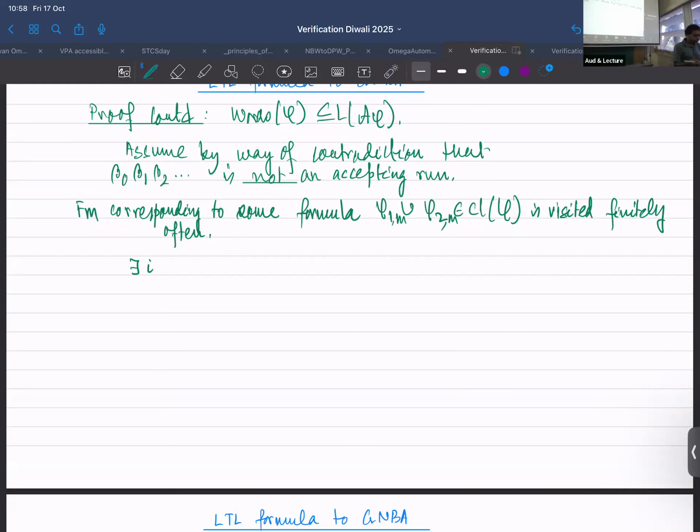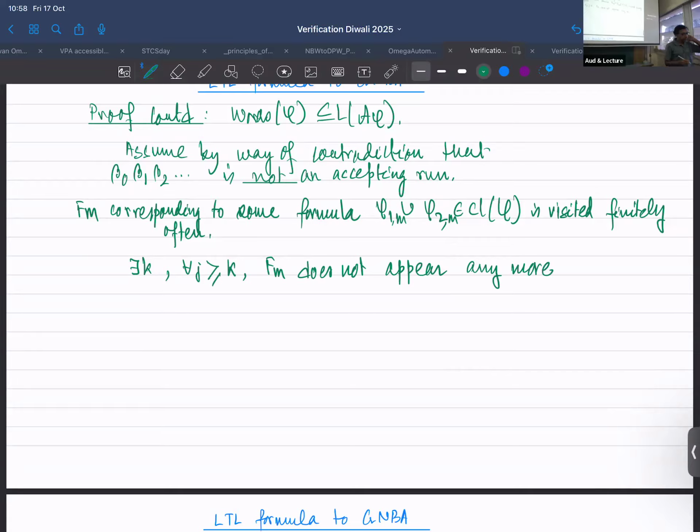So for all j greater than or equal to k, FM does not appear anymore.